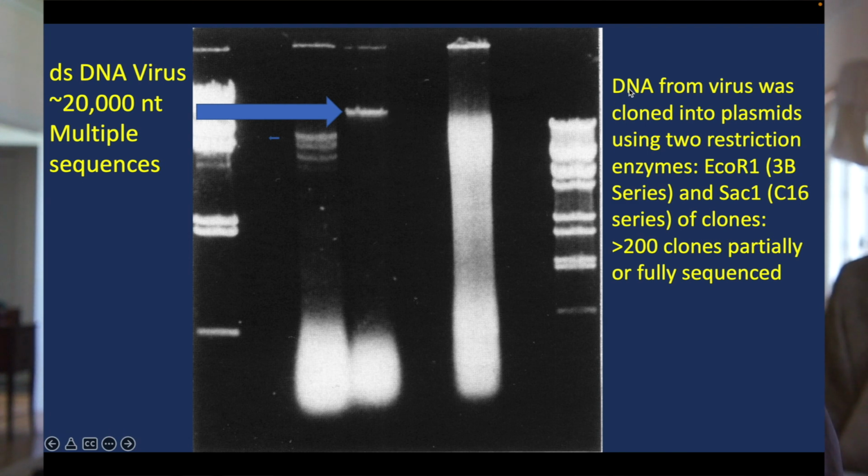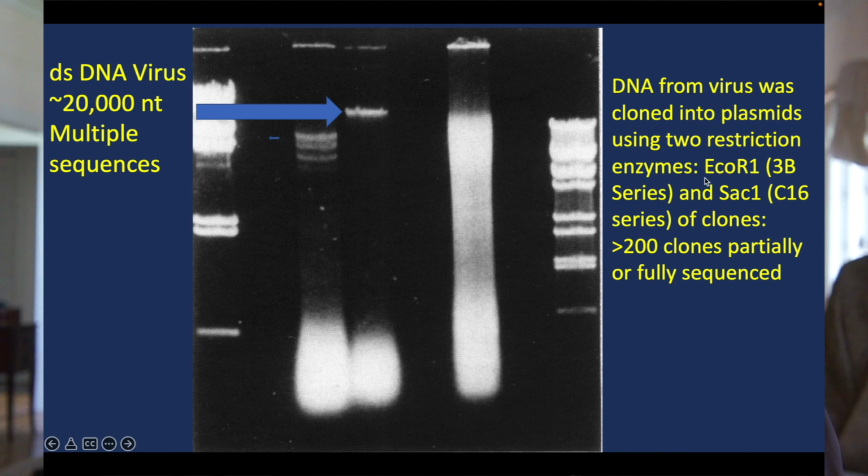With that DNA, I could clone it into plasmids. These are ways in which small segments of the DNA can be incorporated. They can be used to infect bacteria, amplify the DNA.